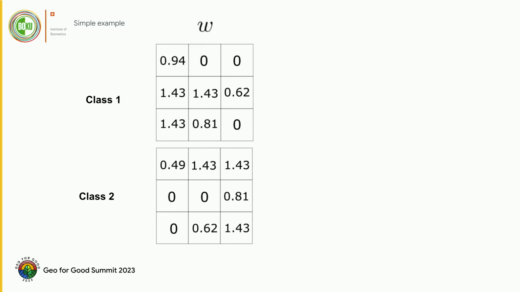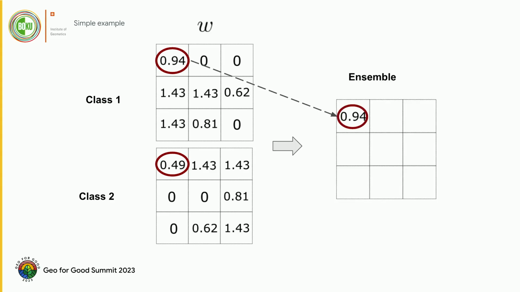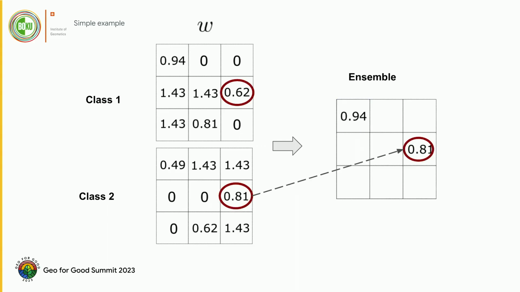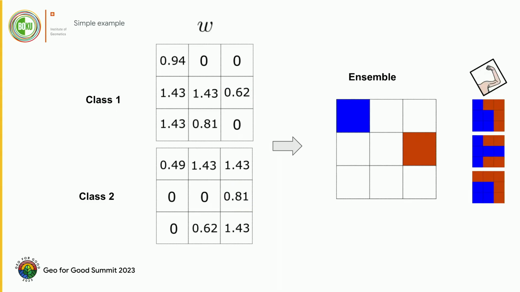For instance, we can take the pixel at the corner and select which one is the higher value of the weights. As the higher value comes from class number 1, our ensemble is going to have class number 1 in that pixel. We can do the same for another pixel. In this case, the maximum weight comes from class 2, so the result in the ensemble is going to be class number 2.